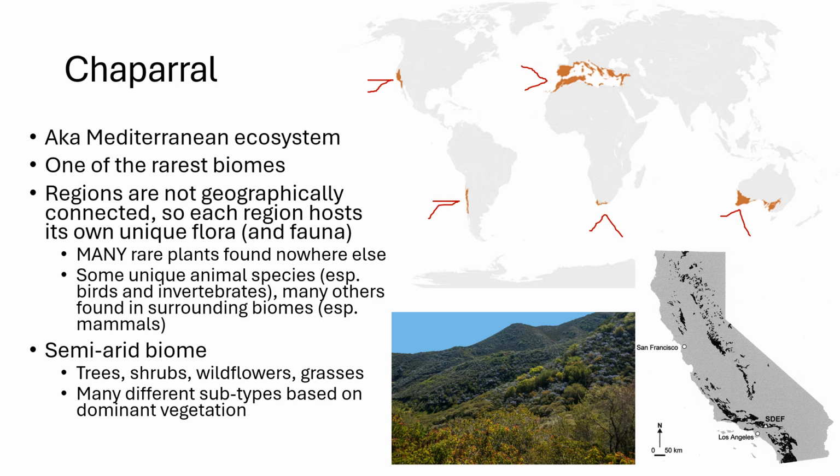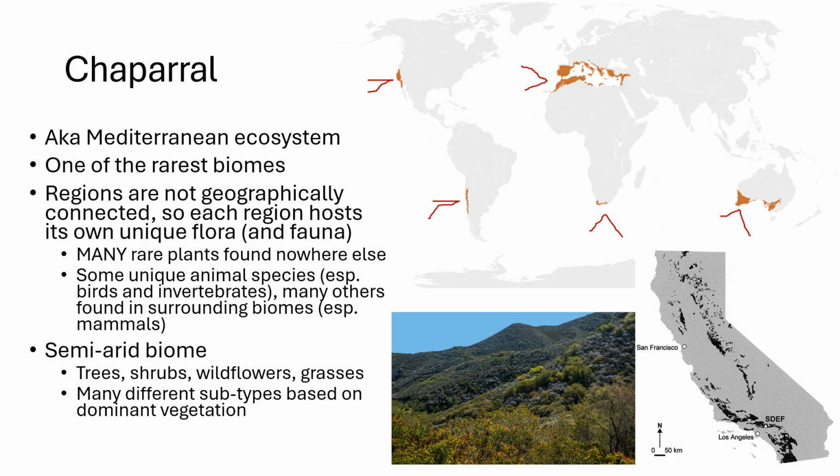So, for example, a wildflower that evolves in this little pocket may be isolated from another little pocket, and they can diverge over time and lead to the formation of new species. So they tend to have very unique floras, and the fauna, maybe not as much, but still unique fauna.